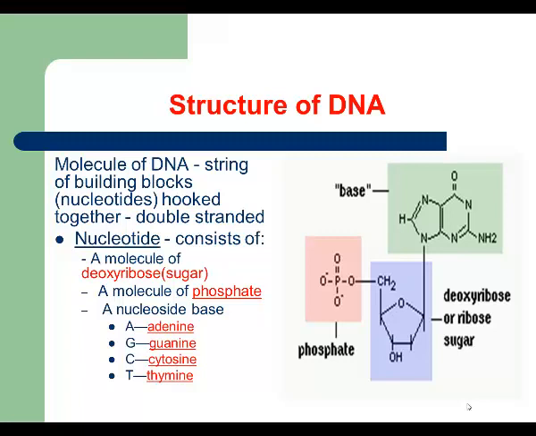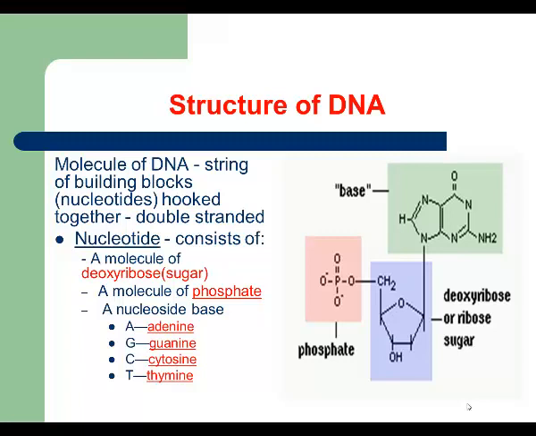Number one, all double-stranded DNAs are double-stranded, meaning they're composed of two strands. Number two, all double-stranded DNAs are complementary. We will talk about it. And the last one, all double-stranded DNAs are antiparallel.